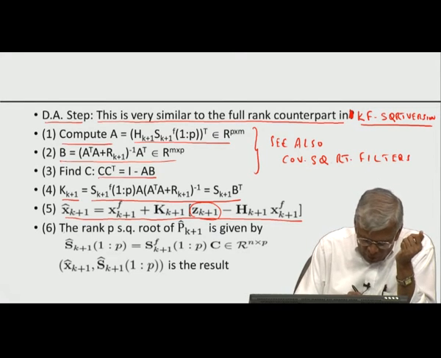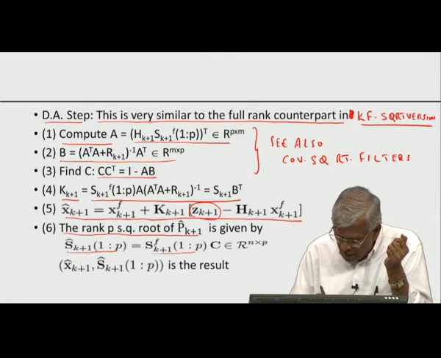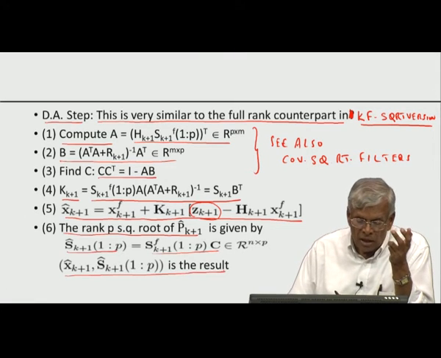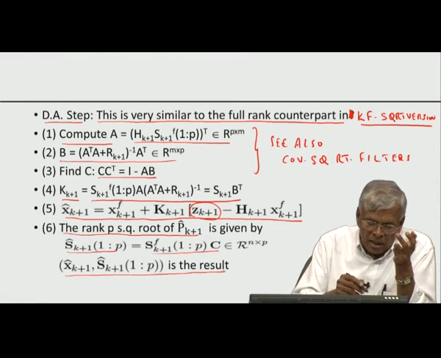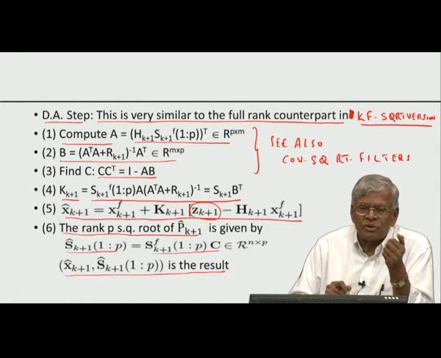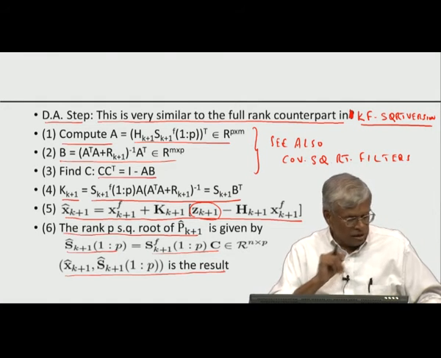The rank p square root of P_{k+1} is given by C, and this is the end result. So I have gone from the forecast step to the analysis step. That completes the cycle in the computation of the filtering equations.